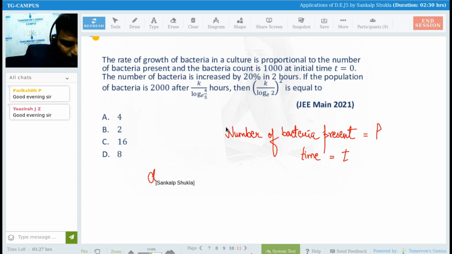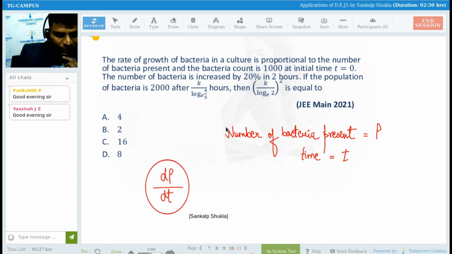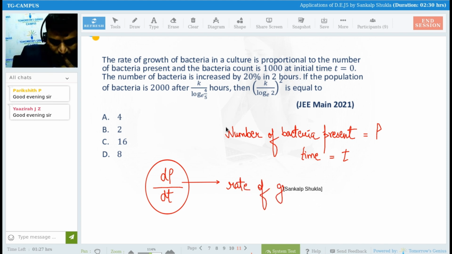So I can write dp by dt. So dp by dt is basically the rate of growth of bacteria.